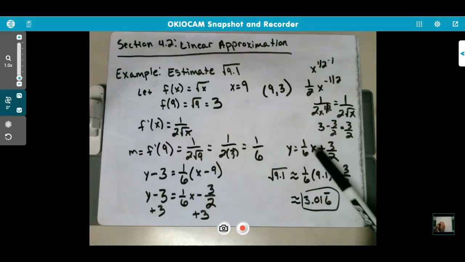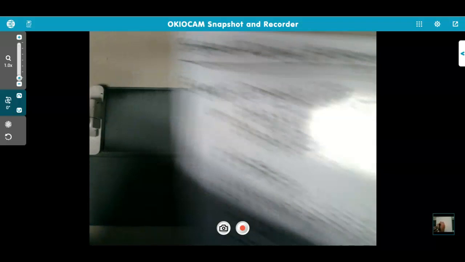Let's do that same thing now. Example. Let's estimate the cube root of 7.9. Cube root of 7.9.